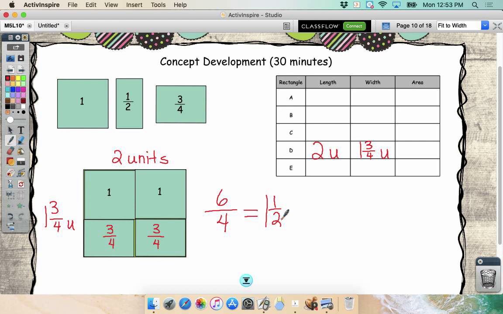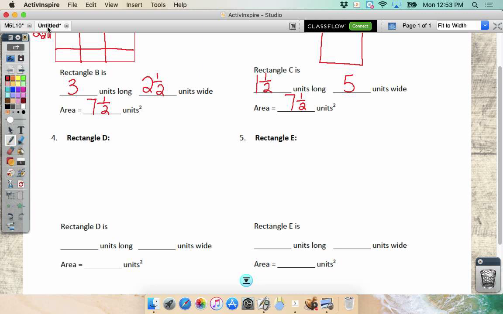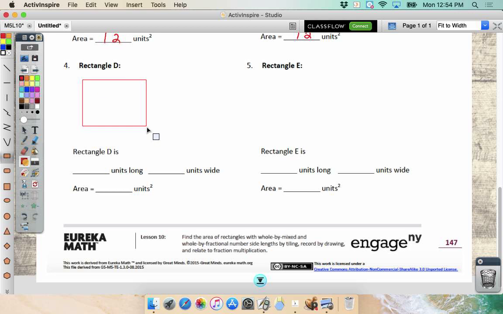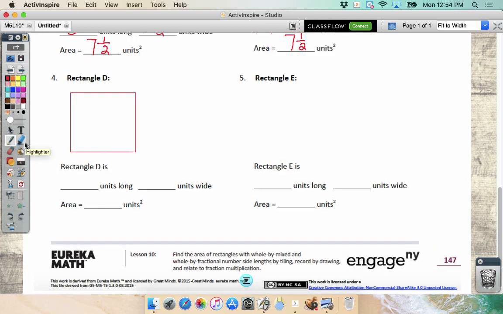Okay, so we're going to add 1 plus 1 plus 1.5. So what are we going to get? 3.5 square units. And we're going to draw this now. Okay? All right, rectangle D. And it doesn't have to be to scale. So how long was the top? 2 units.